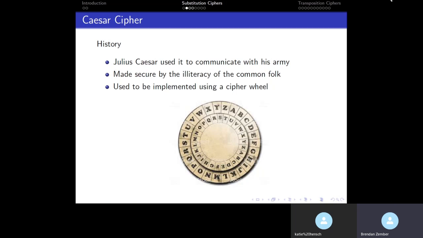Nowadays, this cipher is seen as very insecure and is used more in playful, informal settings of encryption where security is not very important. In ancient Rome, this was implemented using a cipher wheel as shown here, where there are two alphabets, an inside and an outside ring, where the inside ring can rotate to match up one version of the alphabet to a shifted version of the alphabet.